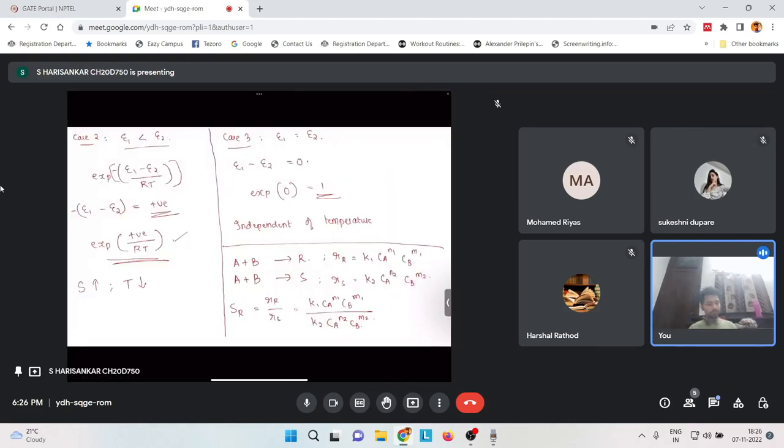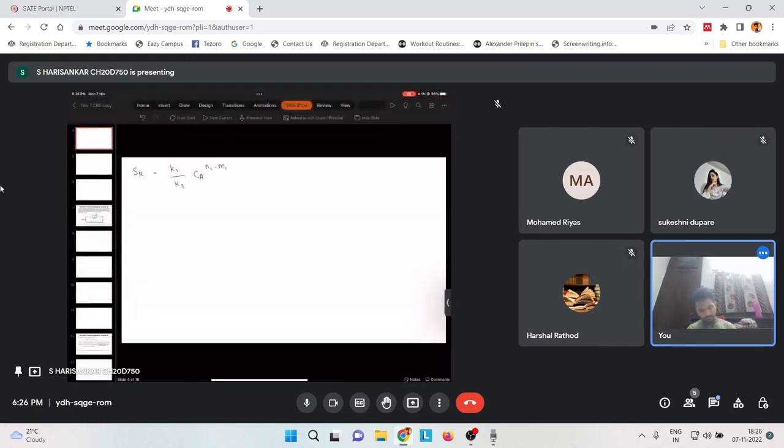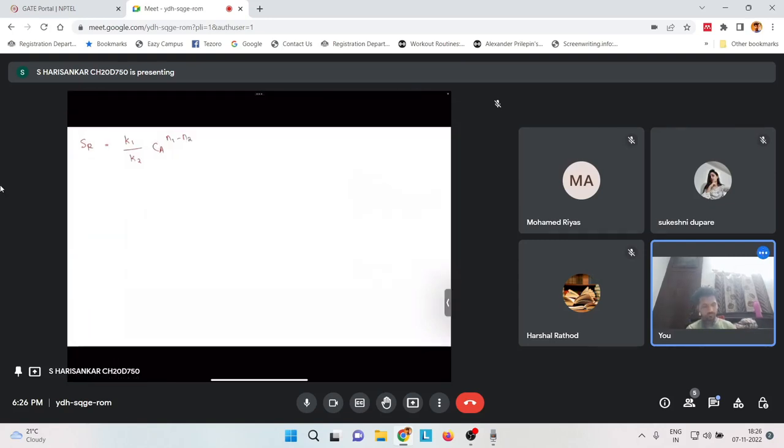Right, so we can rewrite this as selectivity is equal to K1 by K2 Ca raised to N1 minus N2, Cb raised to M1 minus M2.